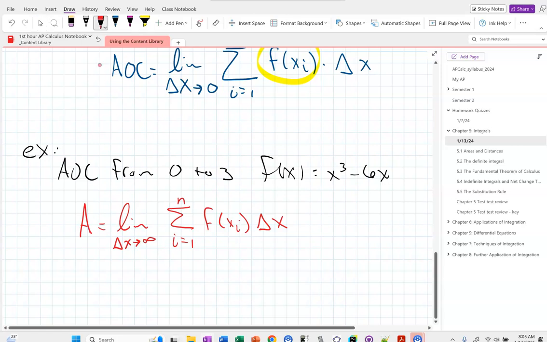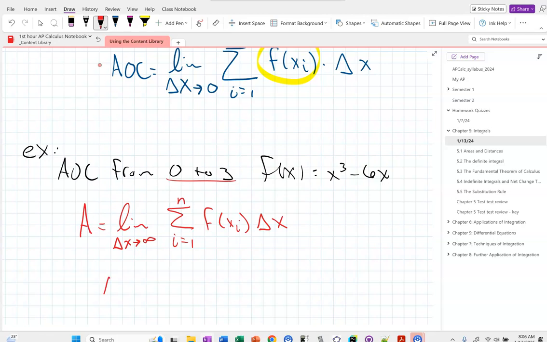So from 0 to 3, that tells me my delta x is going to be 3 minus 0 over n. I'll just call this a and b arbitrarily for a minute. So I could instead write this as n goes to infinity, that width is going to go to 0, right?